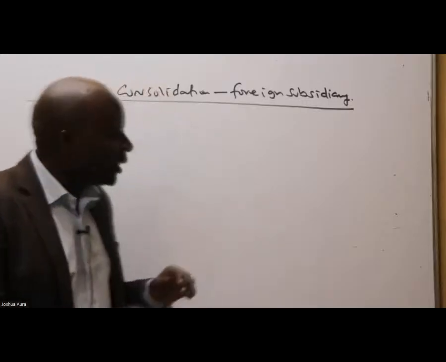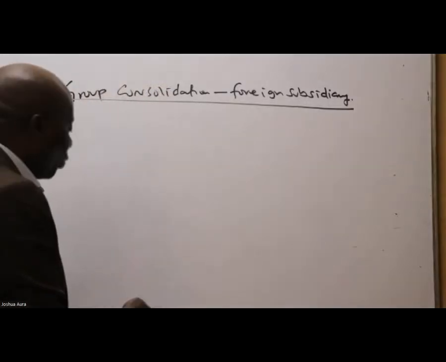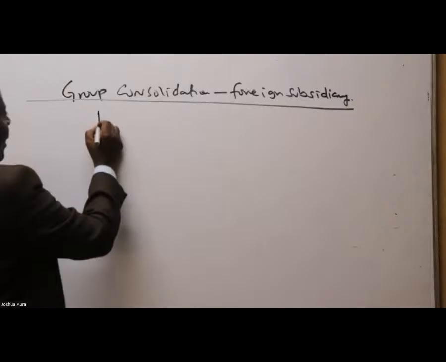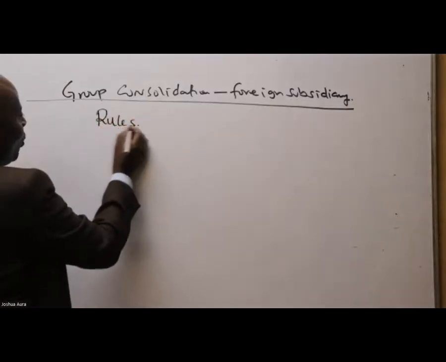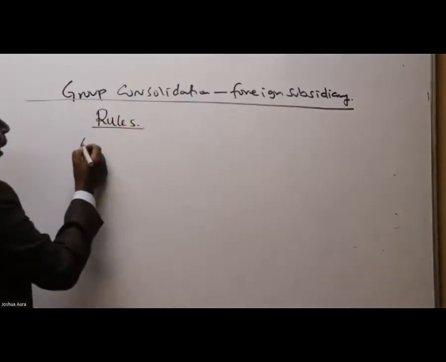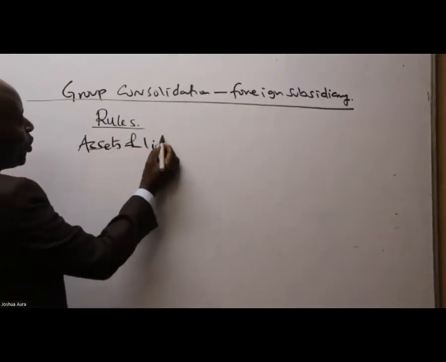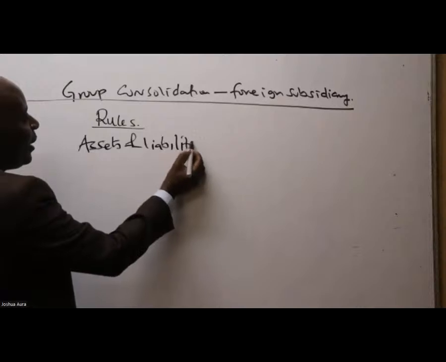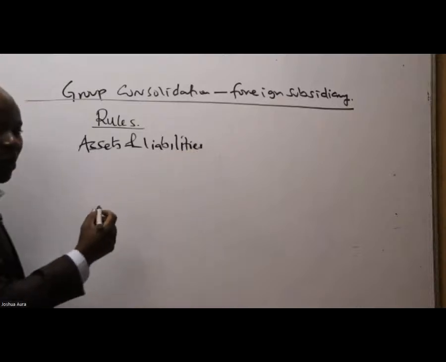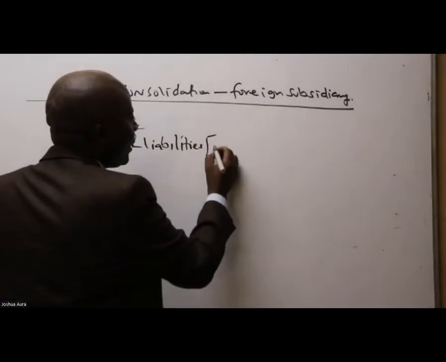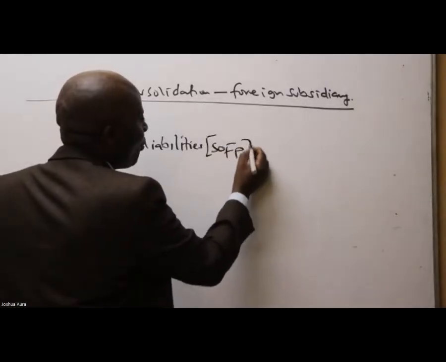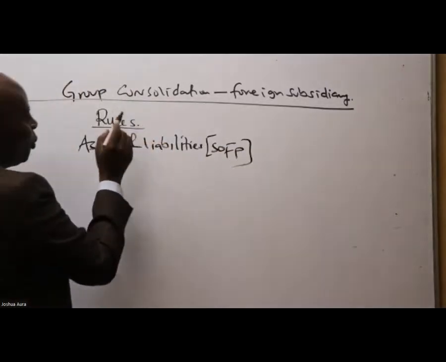Now, when we are translating, what rules are we supposed to remember? Basic rules. The basic rule is that assets and liabilities, where are these found? These are found in the statement of financial position. Remember, these are rules of translation.